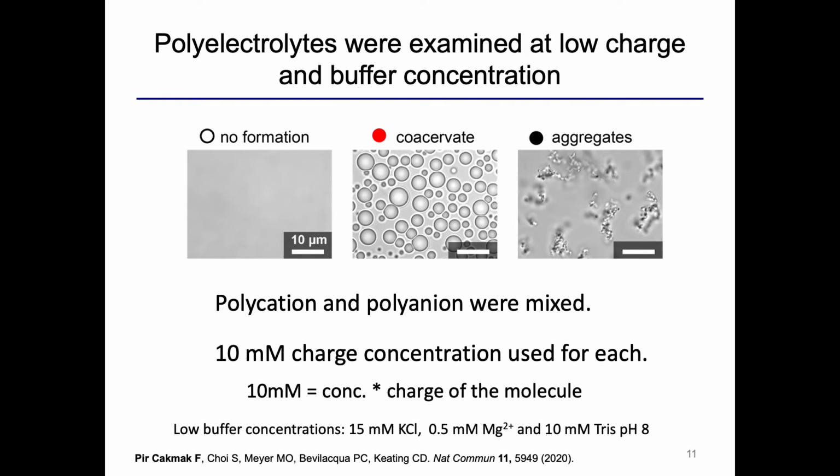Then I examined all these combinations between the negatively and positively charged molecules, and of course with different lengths, and I just classified them into 3 categories. First one, if I didn't observe anything under the microscope, also supported by the UV-vis studies, I will call them no formation, with this little empty square.